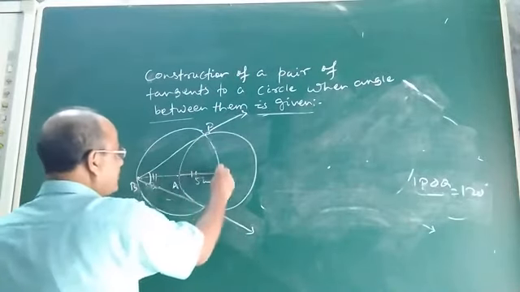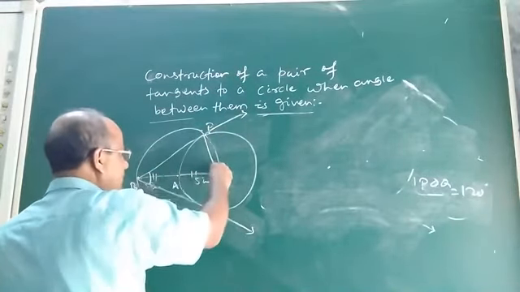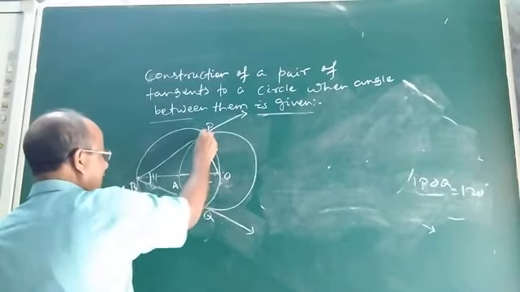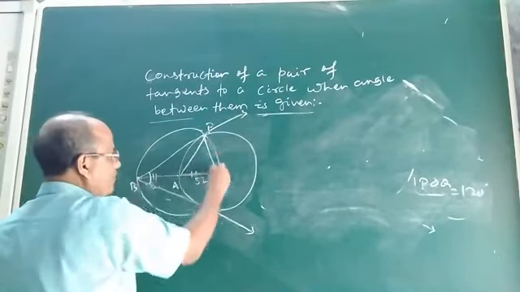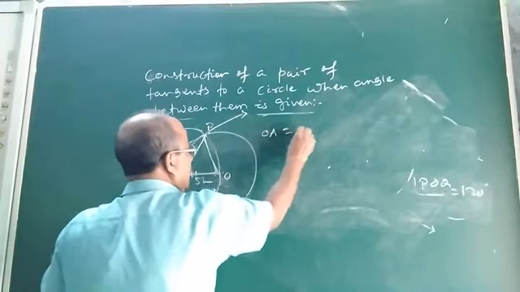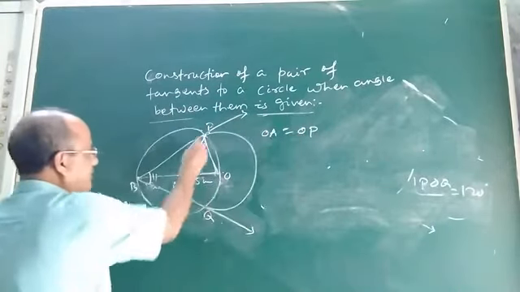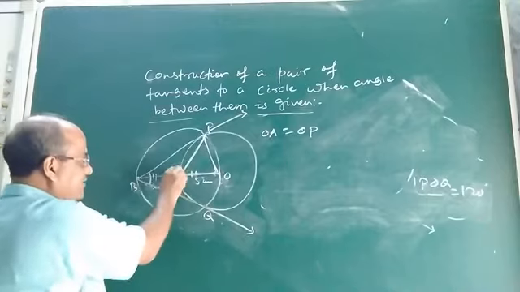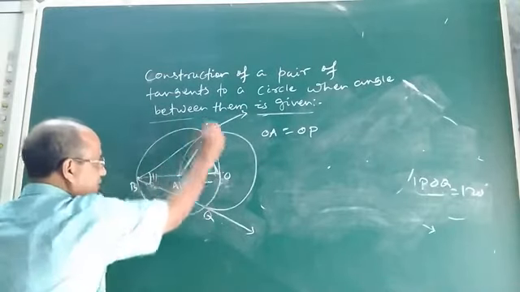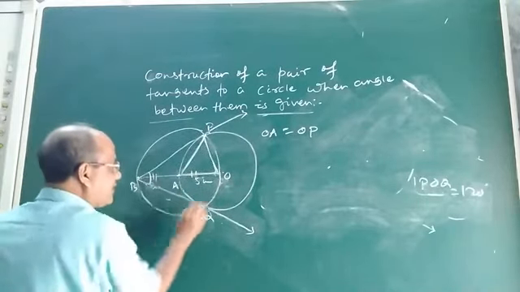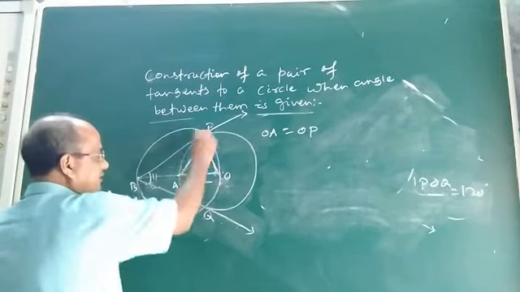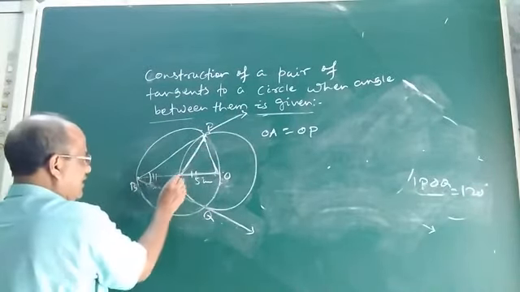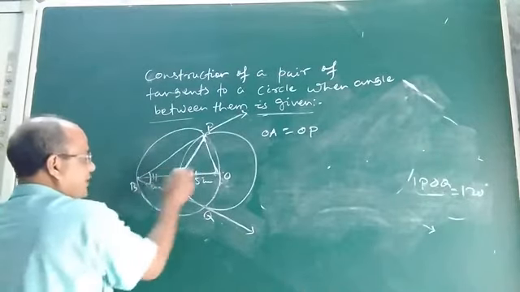To justify, join OP and AP. OA equal to OP, they are 5 cm. Now since A is the center of the circle drawn, AP is also a radius of this circle. And what is its length?